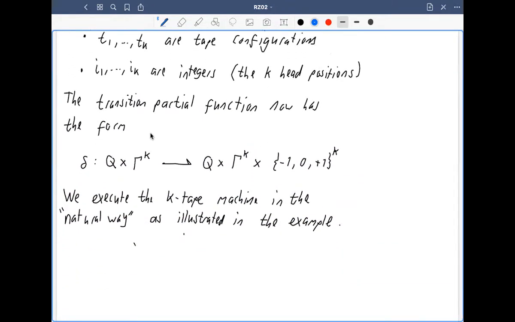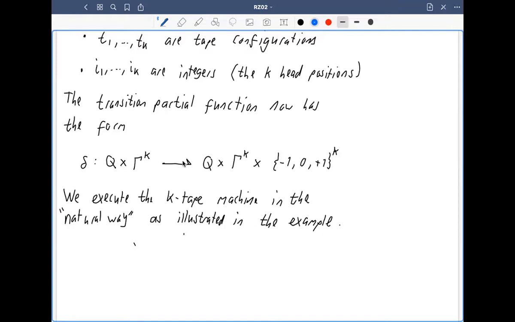And the other thing that's different is the transition partial function now has a different form. To make a transition, we look at the state plus the K symbols that we're looking at on each of the K tapes.